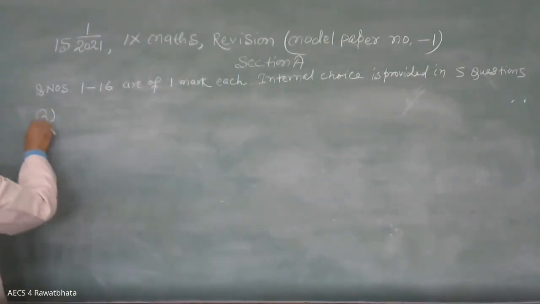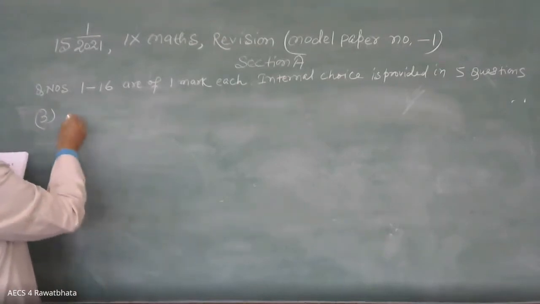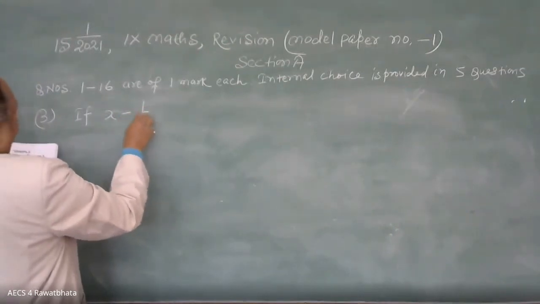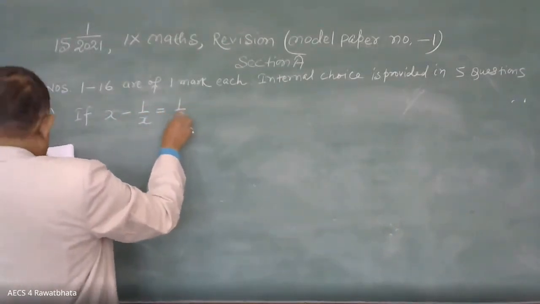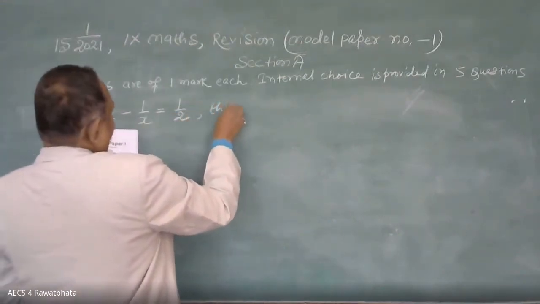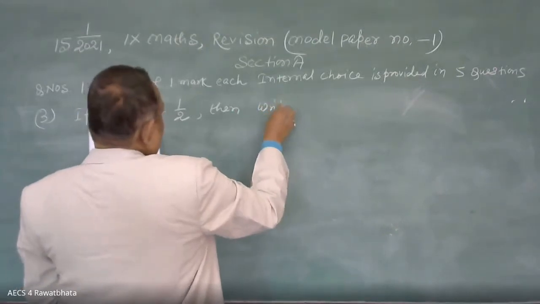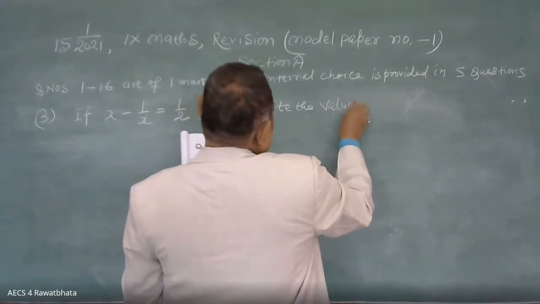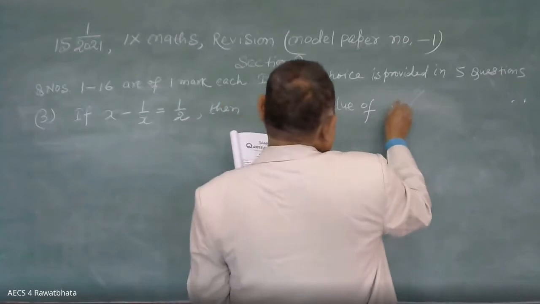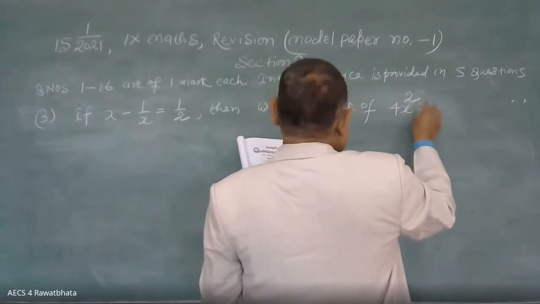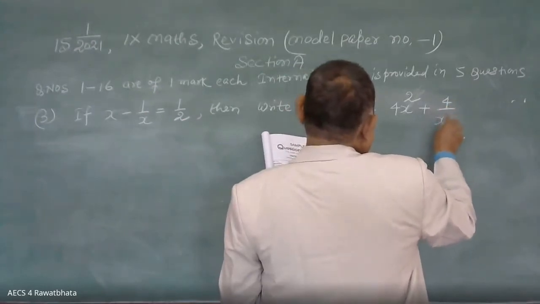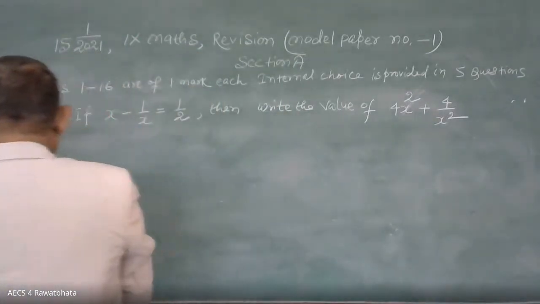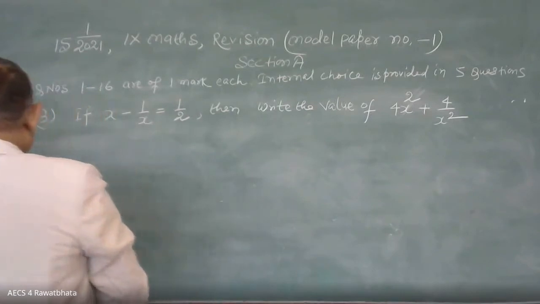Question number 3. If x minus 1 upon x is equal to 1 by 2, then write the value of 4x square plus 4 upon x square.